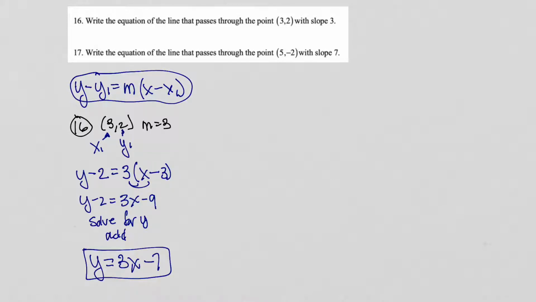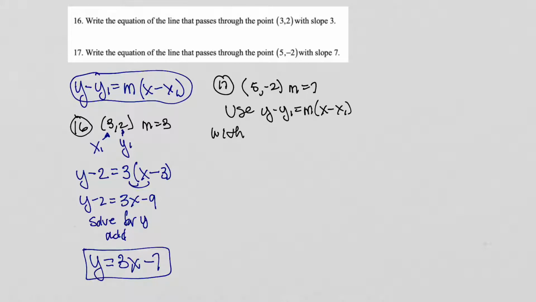In number 17, let's write number 17 here. Here's what we're given. We're given that the line passes through this point and has slope 7, so we're going to go through this point, (5, -2), and the slope is 7. So again, we're going to use this form right here, y minus y1 equals m times x minus x1.